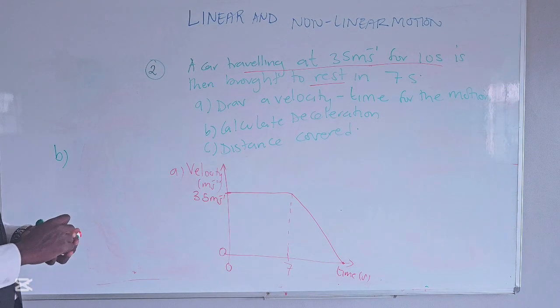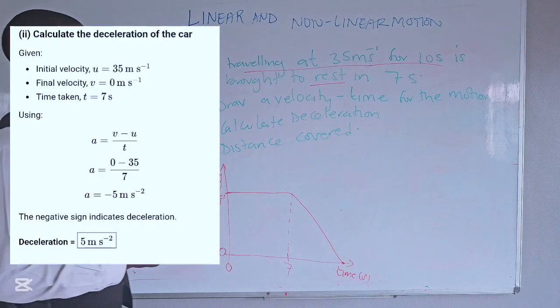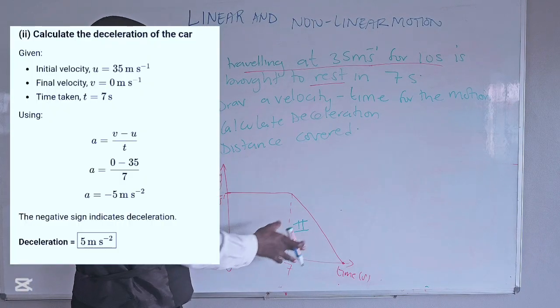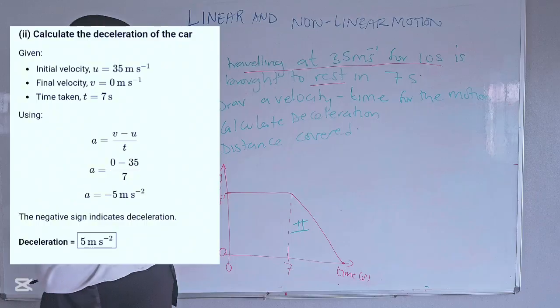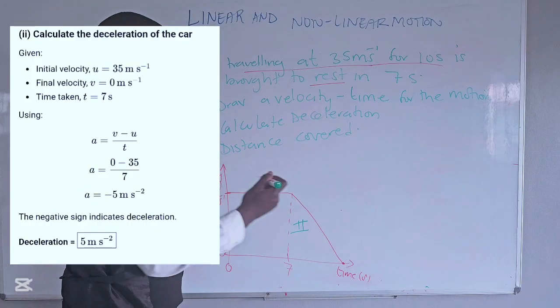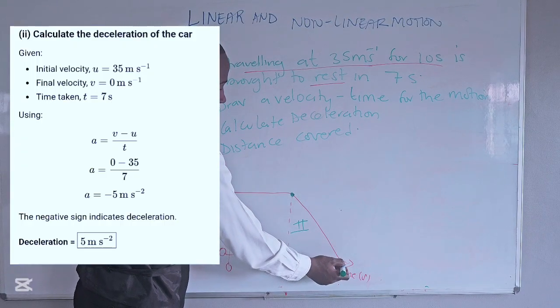calculating the deceleration. Now, if we are to calculate the deceleration, we need to look at the part which is corresponding to the deceleration. And this is the part that is corresponding to the deceleration. So in this part, our starting velocity is here and our final velocity is here.